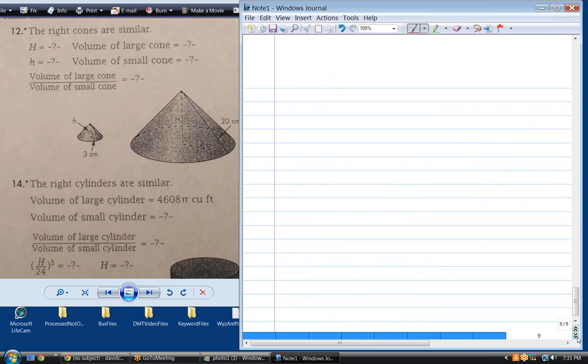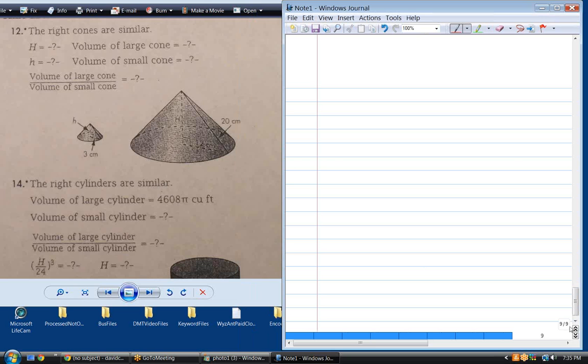Okay, here we have similar right cones. What information are they giving us? It's kind of hard to tell. Best I can see is this 3 is the distance from the center to the edge, in other words, the radius of the base.